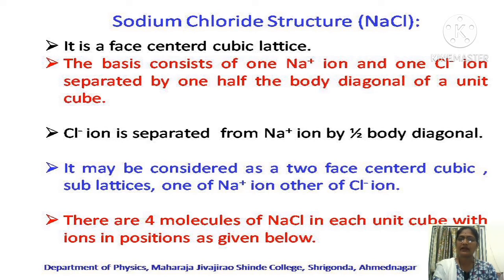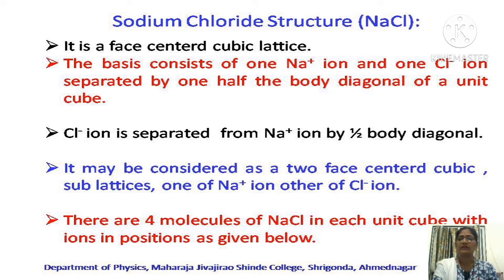In the case of NaCl, we place the Na ion and chlorine ion at the lattice points, and these are nothing but the basis. It means that the basis consists of one Na plus ion and one chlorine ion, and they are separated by 1/2 the body diagonal of the unit cube. So, the chlorine ion is separated from the Na ion by 1/2 of the body diagonal.